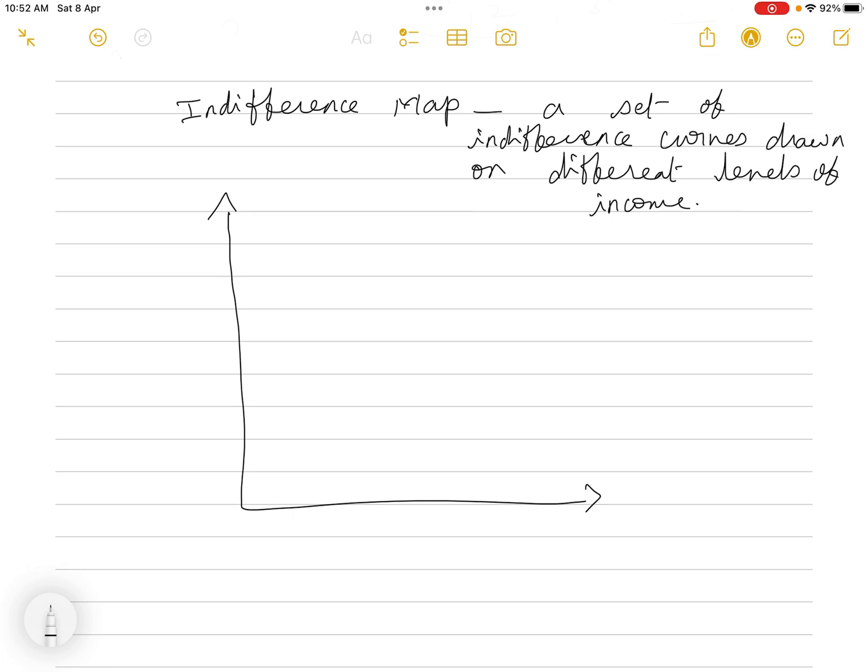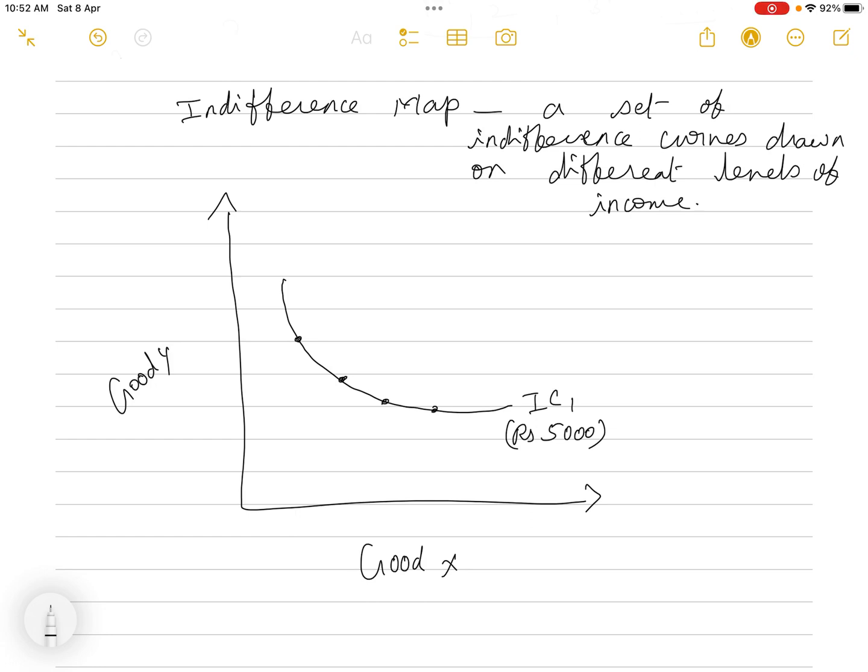Okay, now let us assume good Y and good X. Now you know how the indifference curve is derived. Let us assume this is indifference curve 1 when the income of the consumer is 5,000.